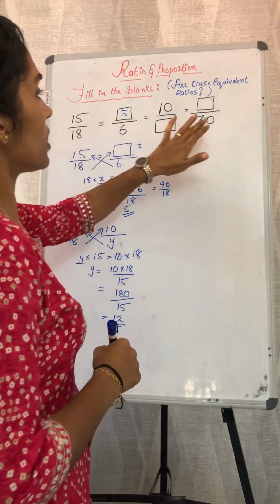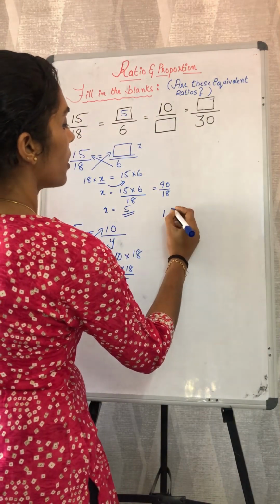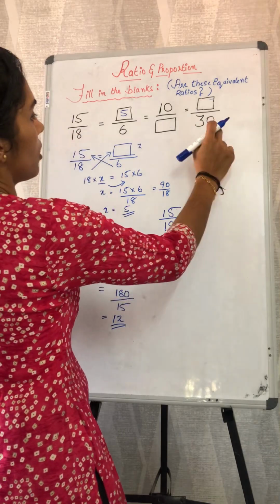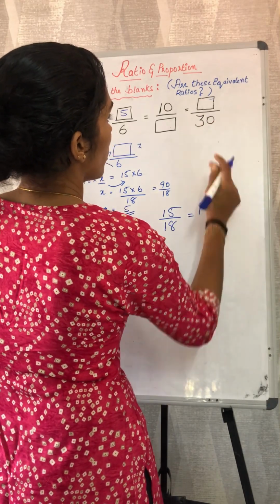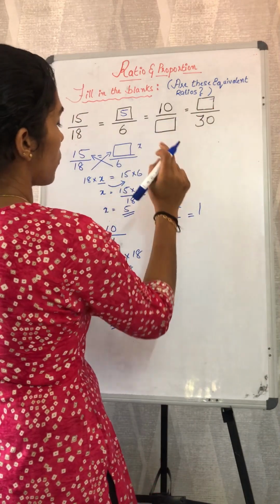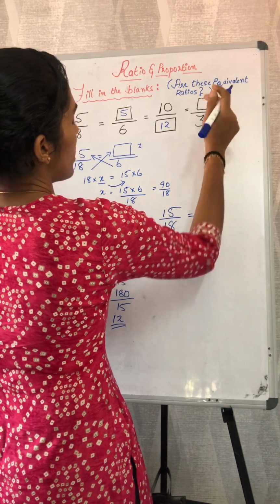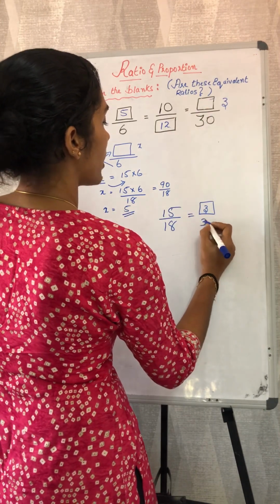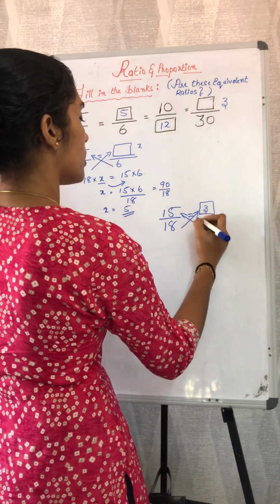Now we take the third one. That is, we take this again 15 by 18, because we have both the numerator and denominator. So the third ratio is what? This is x, this is y, and y we got as 12. Now let's assume this as z. So z divided by 30. Cross multiply this.